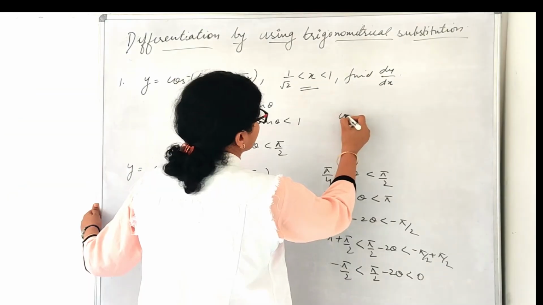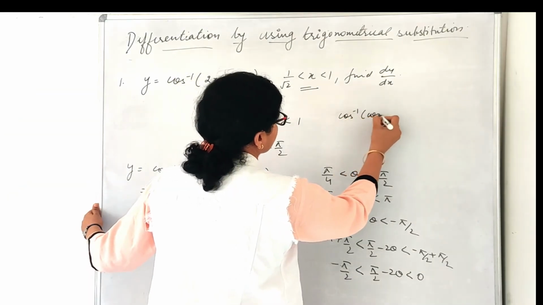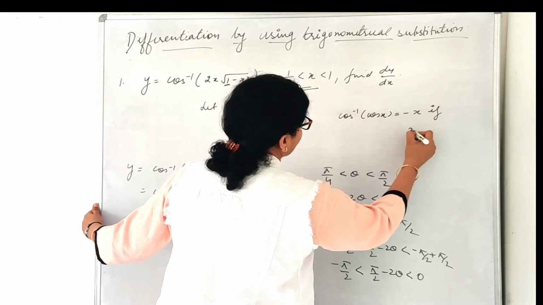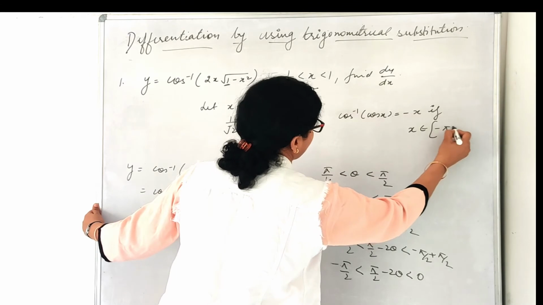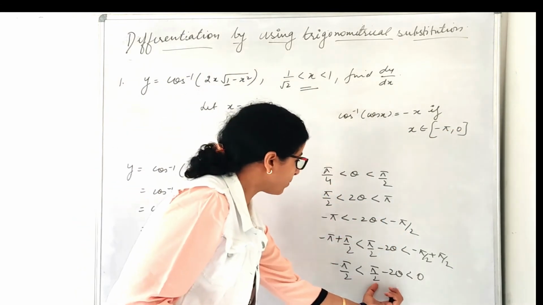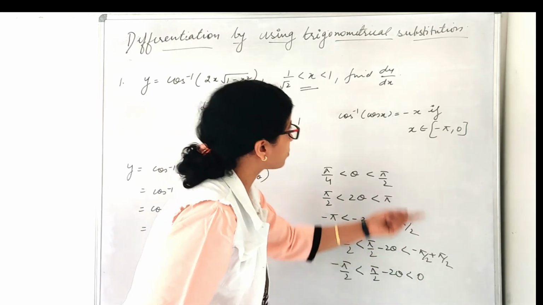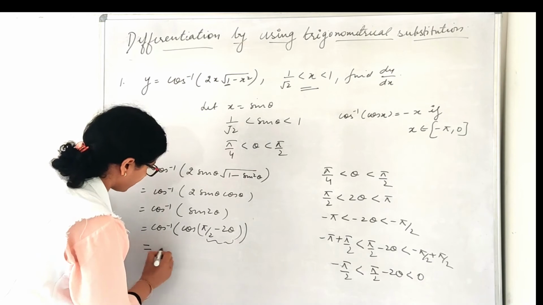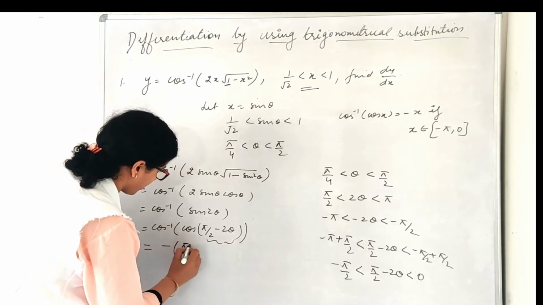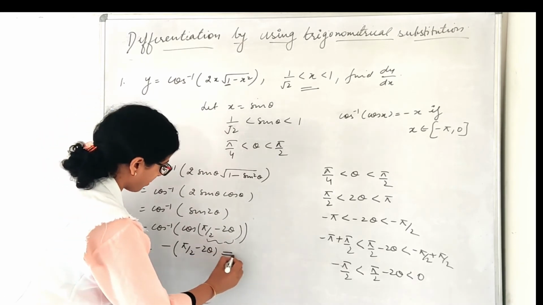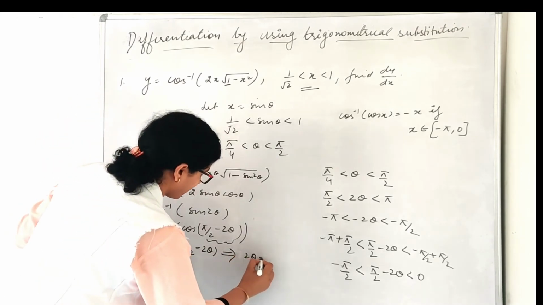So we know that cos inverse of cos x equals minus x if my x belongs to minus pi comma 0, right? So now this part lies between minus pi by 2 and 0, so it lies in this range, right? So I can write this part as minus of pi by 2 minus 2 theta, which will imply 2 theta minus pi by 2.